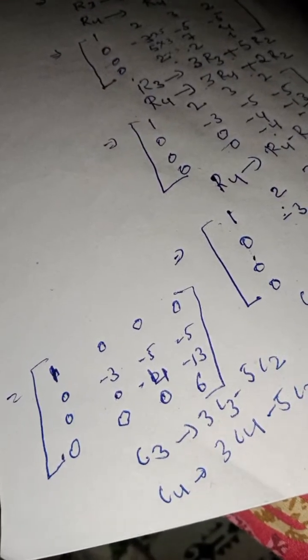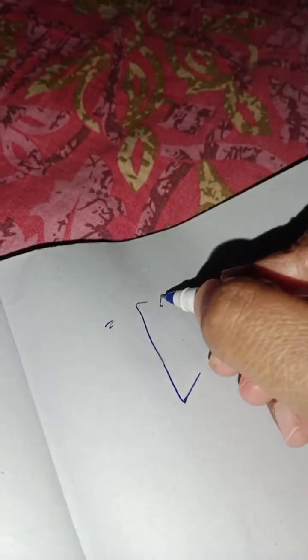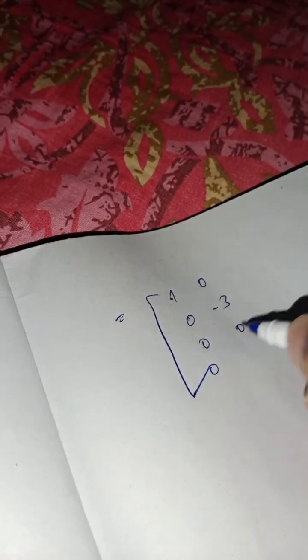After this, the matrix will be turned as, we have to write the first row and first column and second column as it is. So the matrix will be turned as, what is the first row and first column? 1 triple 0, 0 minus 3 0 0. So 1 triple 0, 0 minus 3 0 0.